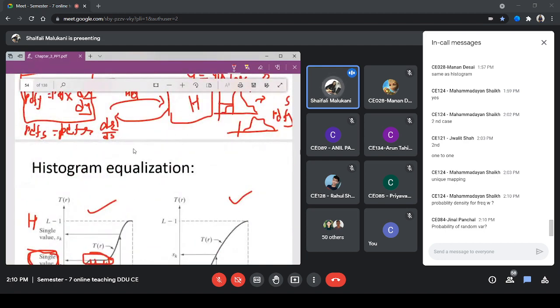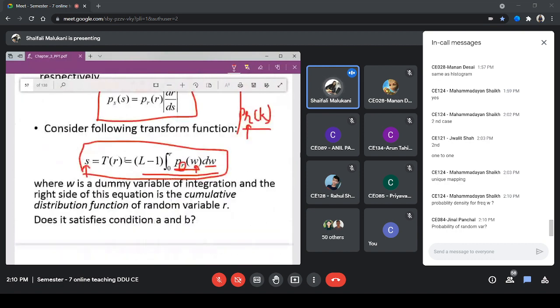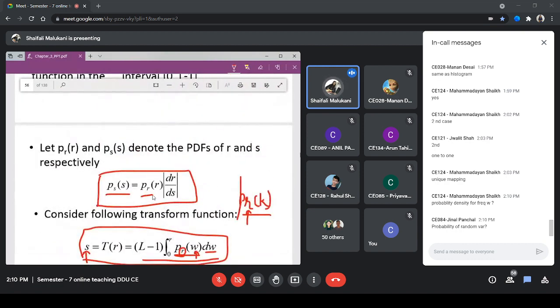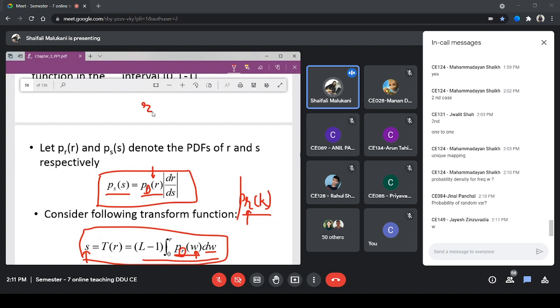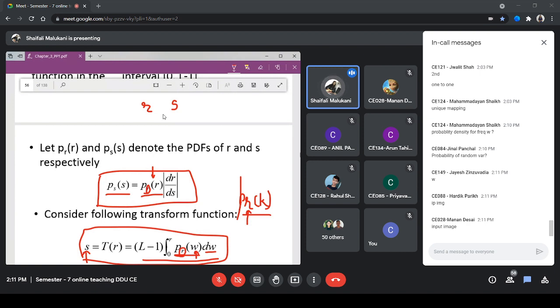This is the PDF of R. This R indicates the probability density function of R. Yes, it is a probability density function for a random variable, but which random variable is it? R. What is R in our case? R is the input image, right? So actually, this is the probability density function of my input image.